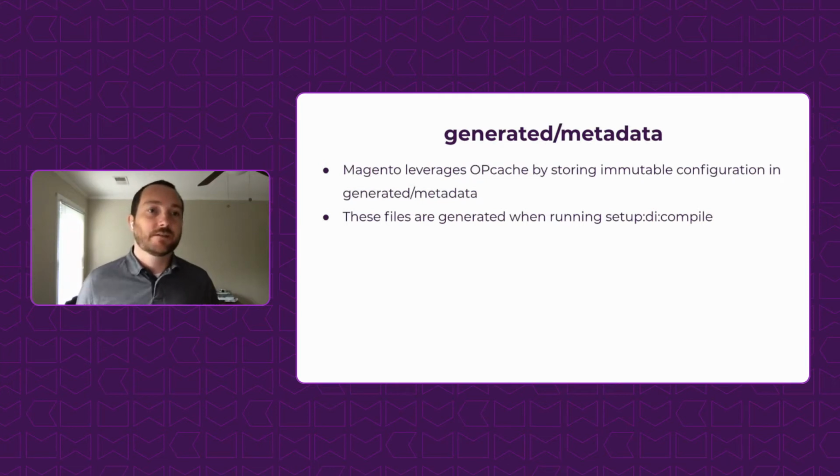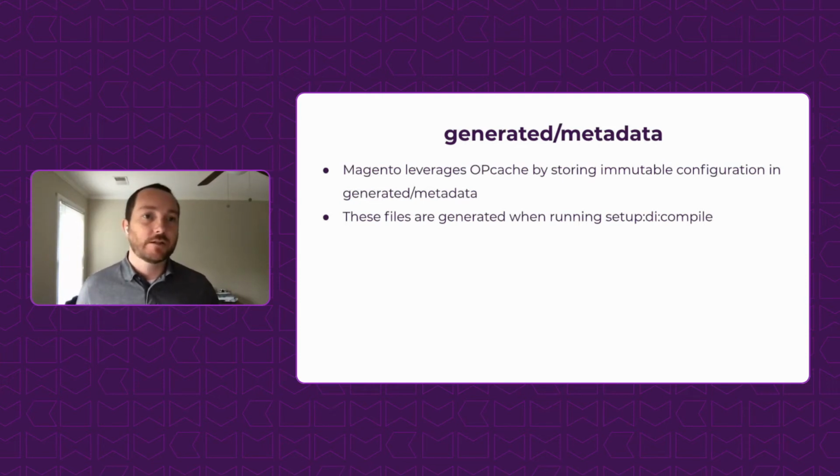That's because when you're running locally, as the page loads and you're in developer mode, it pushes that information into Redis or whatever your backend cache engine is. If it's file system, it'll actually wind up in var/cache, and you can see it there. But once you have it in generated/metadata, as the application bootstraps, it doesn't have to go back out to Redis.